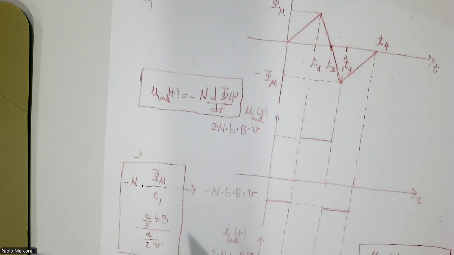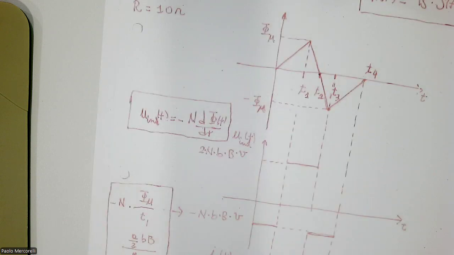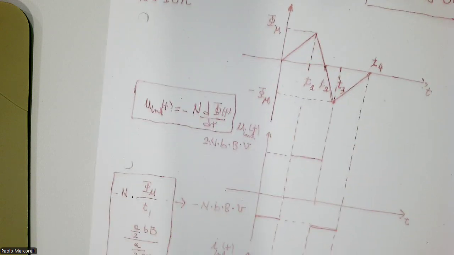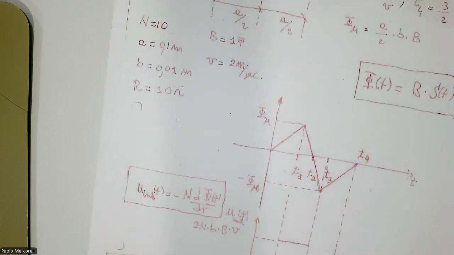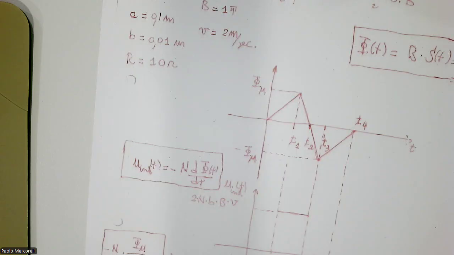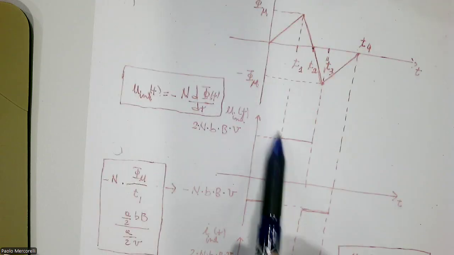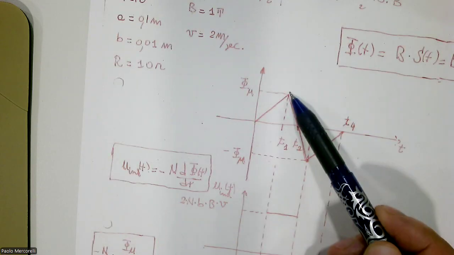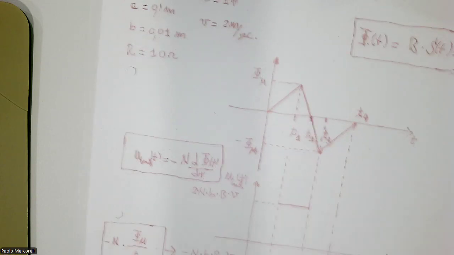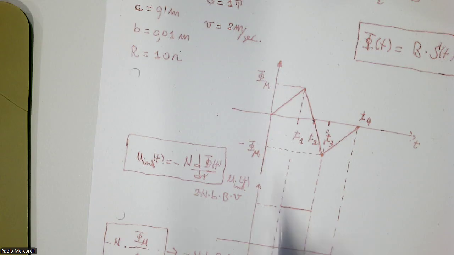Let me see. No, excuse me. This is the explanation for this. This we don't need to explain because it's twice. What is it? Twice this, but positive, no? Because it has a positive slope with a negative sign.